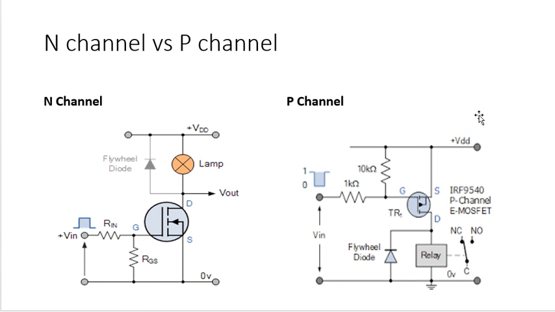But in case of a P channel MOSFET, we have a different polarity connection for this resistor. Both resistors are doing nearly the same job, but here you can see the gate resistor is tied to VDD, that is the positive side, whereas there the gate resistor was tied to the ground side. What happens in this case is, when you provide a negative signal, this MOSFET will turn on, and this resistor will provide a positive potential here.